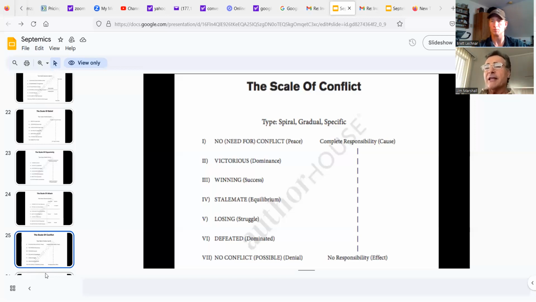Let's say you're at level 2, victorious, as was the case for the United States in 1945. Although this is an individual scale, we can discuss it hypothetically in a group context. So the United States was victorious. They were the dominant nation in the world at that time.